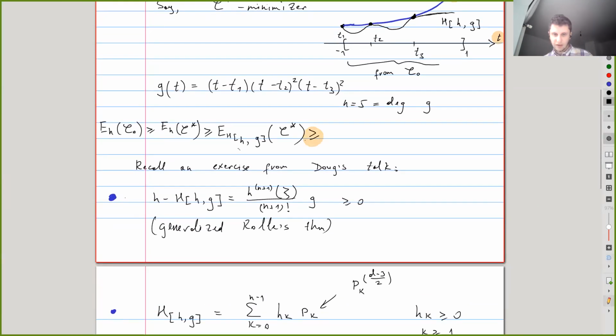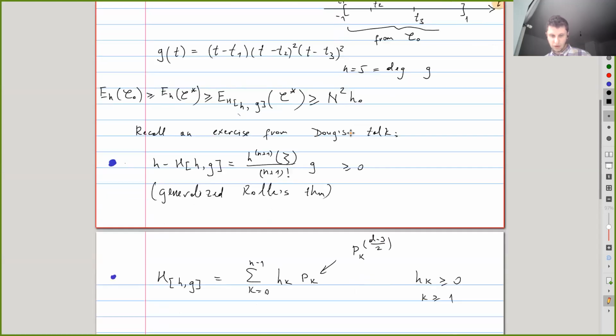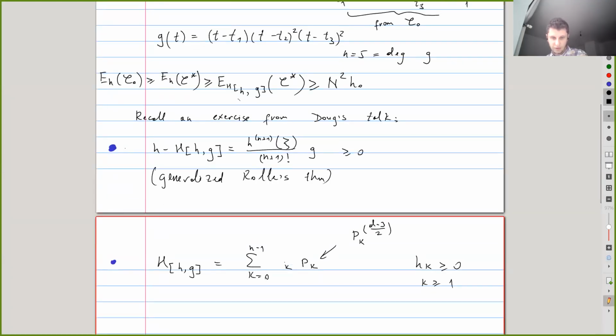This is the theorem due to, I think Doug said, Delsarte and others. Using that theorem, you have something like this, and then this is H_0. Unfortunately I'm writing small h here; I should write big H. These are the coefficients of the interpolant.